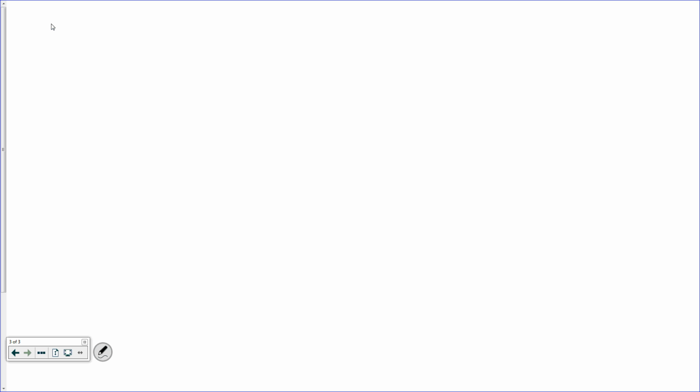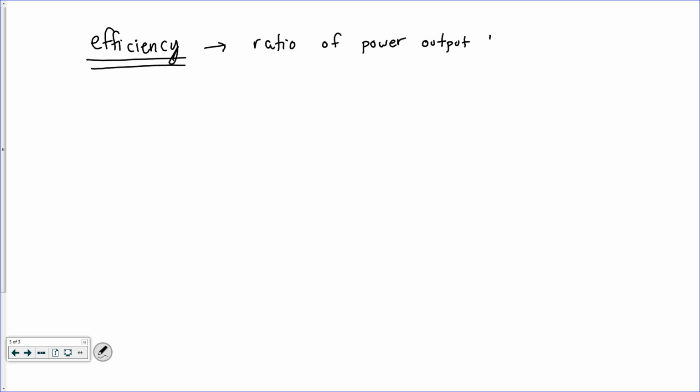Related to power is this concept of efficiency. No system is 100% efficient. Efficiency is a ratio of useful power out to useful power going in. Ratio of power output to power input.